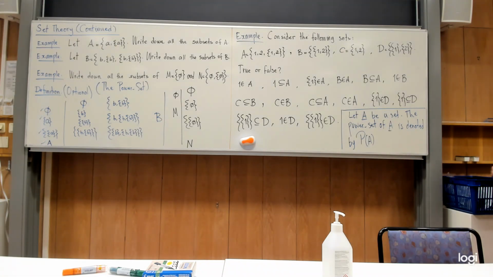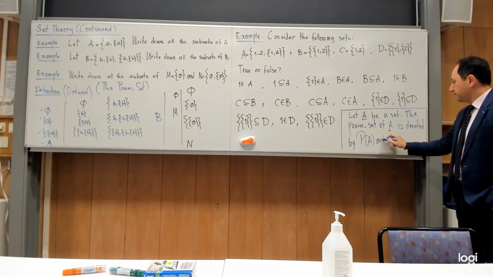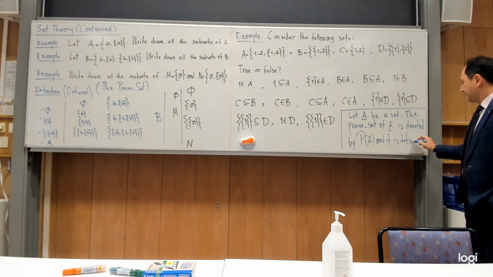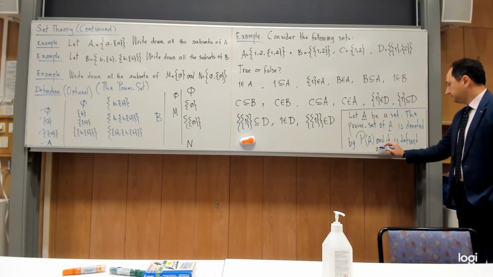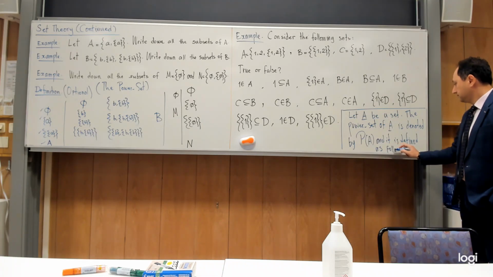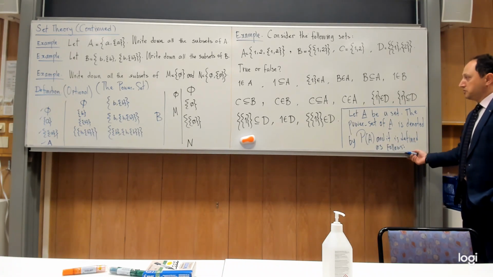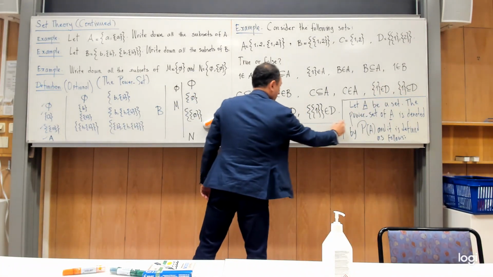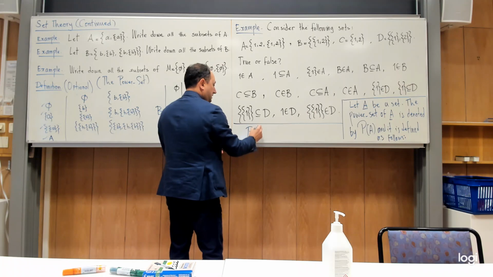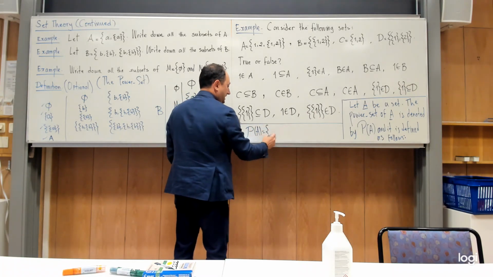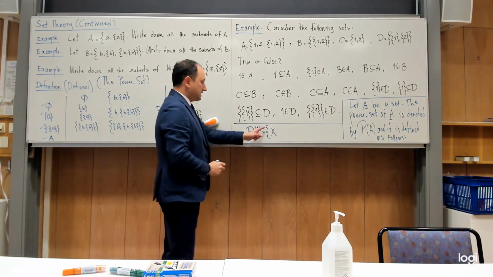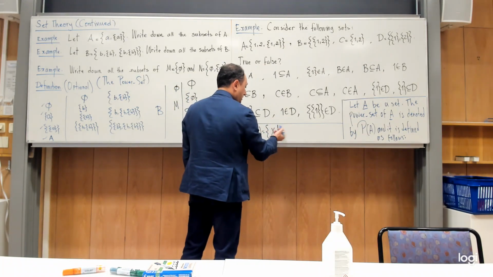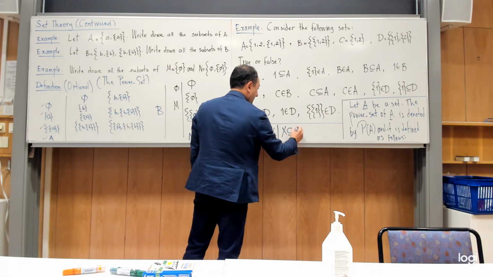It is defined as follows. Okay, sorry for this mess, but yeah, I have to write it here. So this power set is the set containing all elements X such that X is a subset of A.